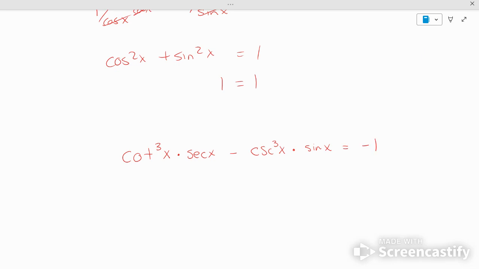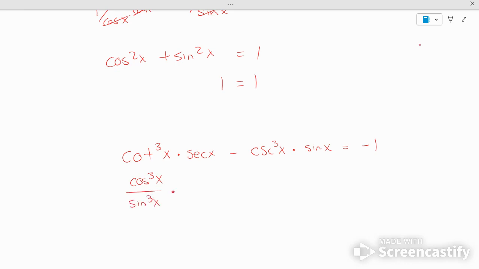Cotangent cubed of x times secant of x minus cosecant cubed of x times sine of x equals -1. Oh my, what do we do? Do our basic identities. So, cotangent cubed is what? Cosine cubed of x over sine cubed of x.